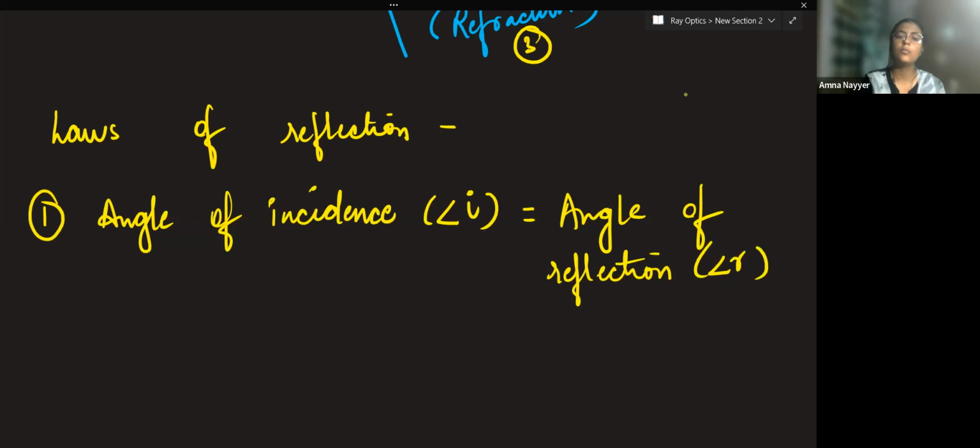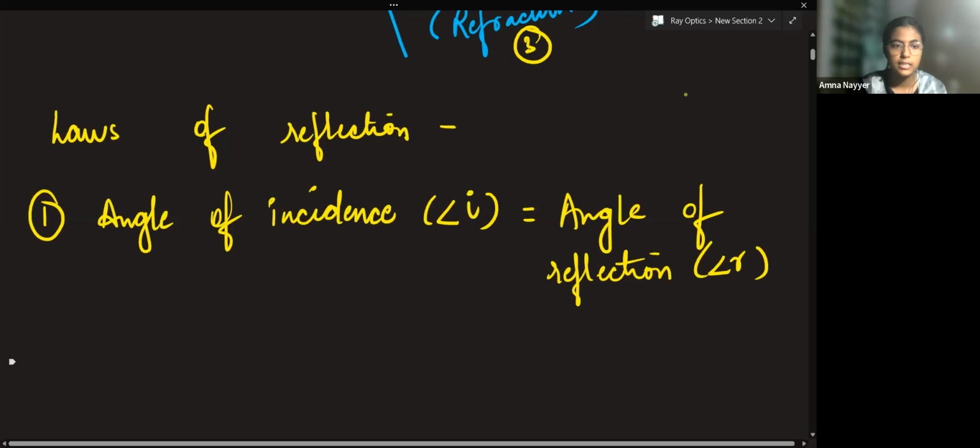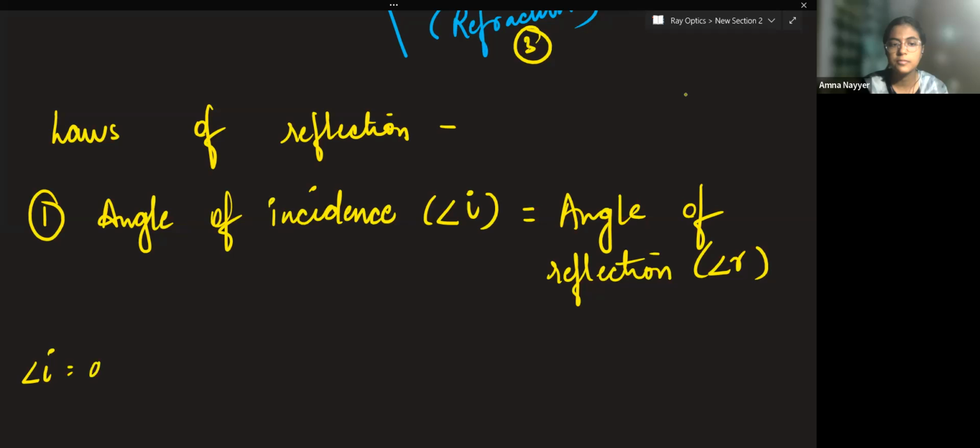Now I'll tell you what is meant by angle i and angle r. See, i is the angle that is formed between the incident ray and the normal.